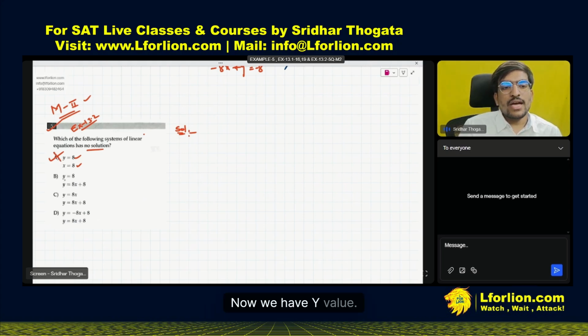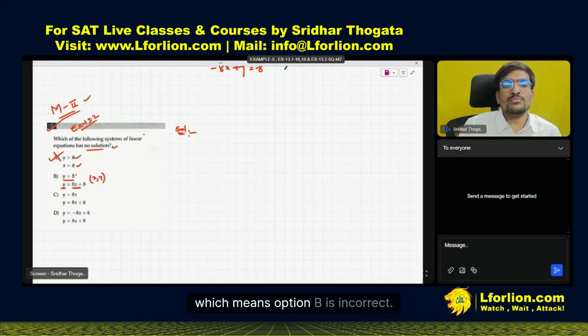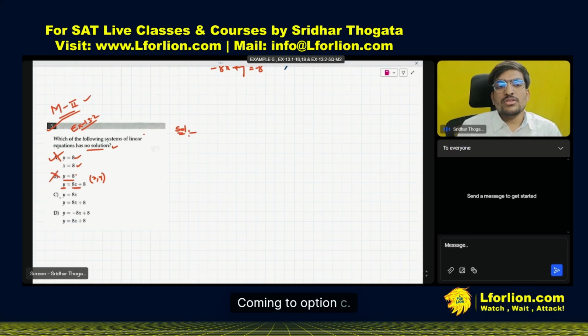Now we have the y value. If you substitute the y value into the second equation, you're going to get the x value, which means you're getting x and y values, it has a solution, but the condition is no solution, which means option B is incorrect. Coming to option C, y equals 8x and y equals 8x plus 8.